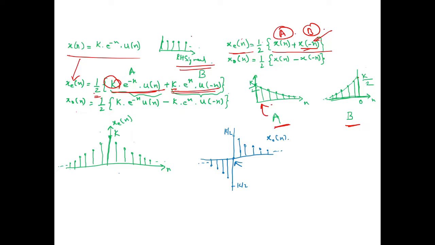If you add up these two, x e of n is nothing but a plus b, as we have considered the half in both these coefficients, k by 2, already. So the even function would be this a plus b. If you add up, we get this as the even function.